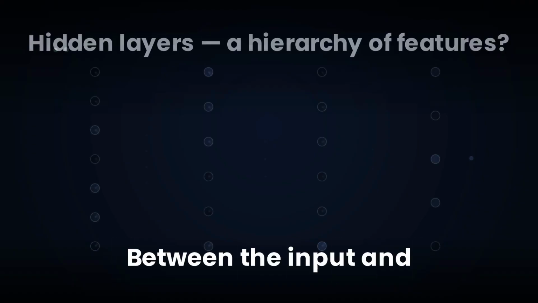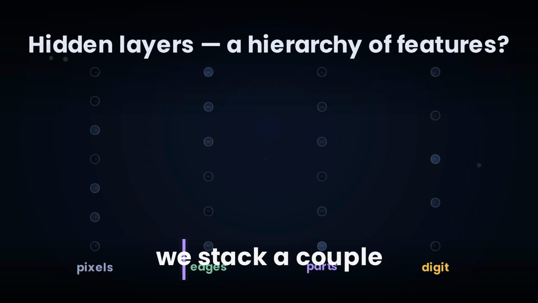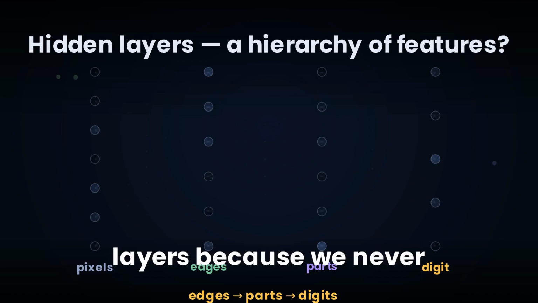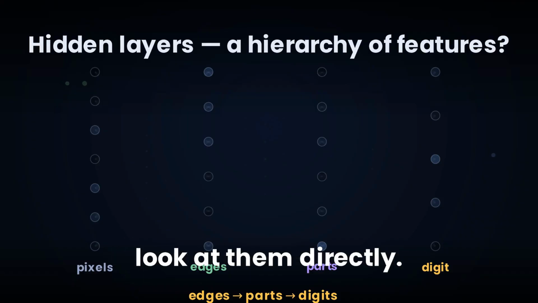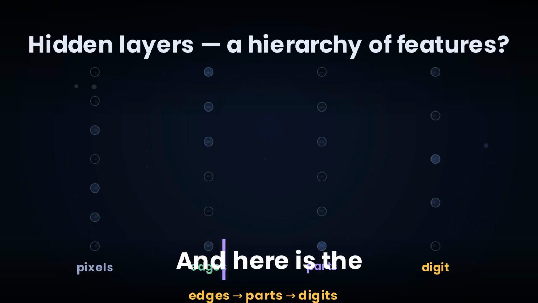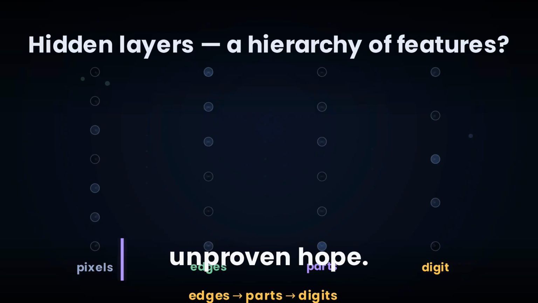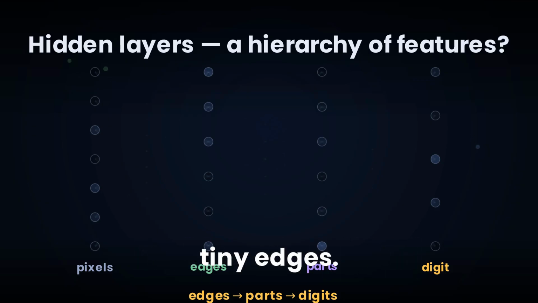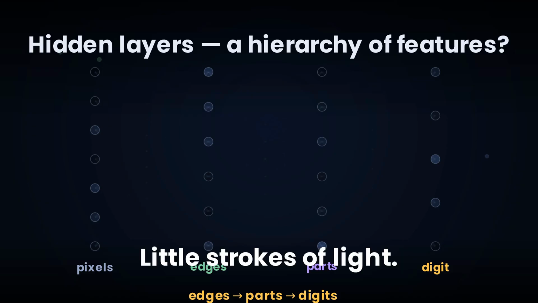Between the input and the answer, we stack a couple more layers. We call them hidden layers because we never look at them directly. And here is the hope. The beautiful, unproven hope. Maybe the first hidden layer learns to spot tiny edges. Little strokes of light.